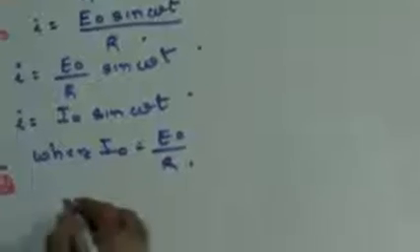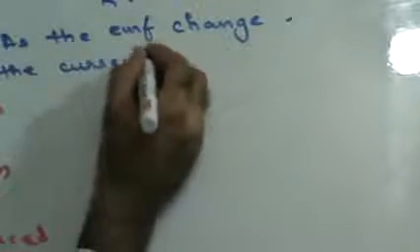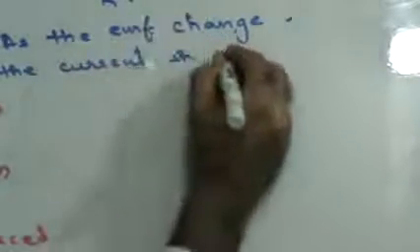Now let us find out the phase in an alternating circuit. What kind of a wave is going to be produced due to the current? If it's an alternating EMF, what kind of current is going to be produced? Let's find out the phase angle here. As the EMF changes, the current in the resistor also changes.